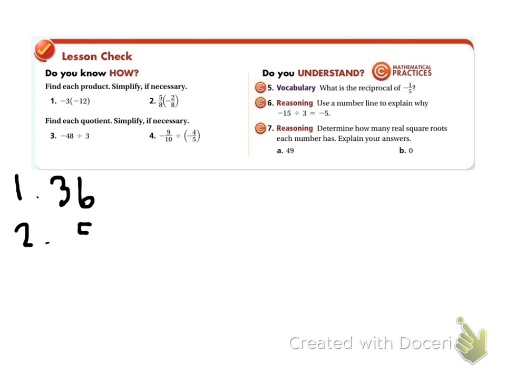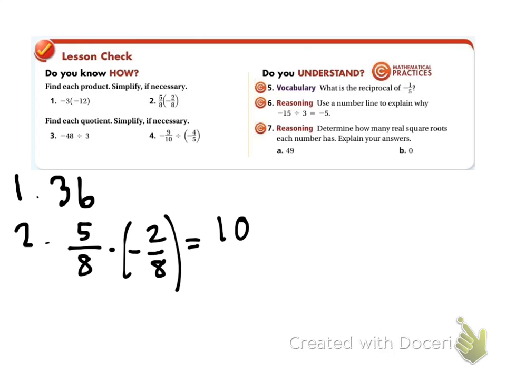And I'm multiplying fractions, so I'm going to multiply straight across. 5 times 2 is 10. 8 times 8 is 64. Don't forget that this is negative, because that comes from my negative 2/8. And then I can divide the top and the bottom by 2, so I get negative 5 over 32.